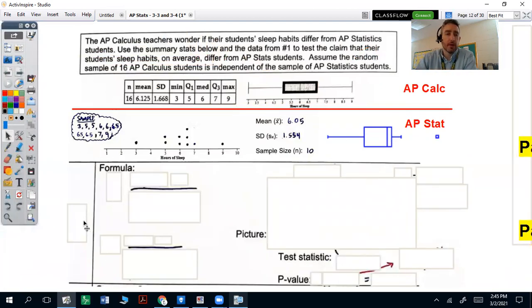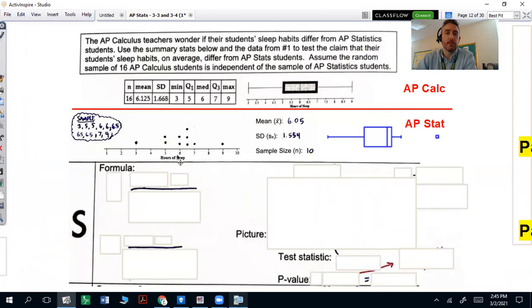So let's go through and do our statistical work. This formula is a little bit trickier, right? We have t, and it's the statistic, which is the difference in the two sample statistics, minus the null, which is 0. Remember that standard error formula for two standard deviations. You square each one, divide by the sample size, add them together, and then take the square root.